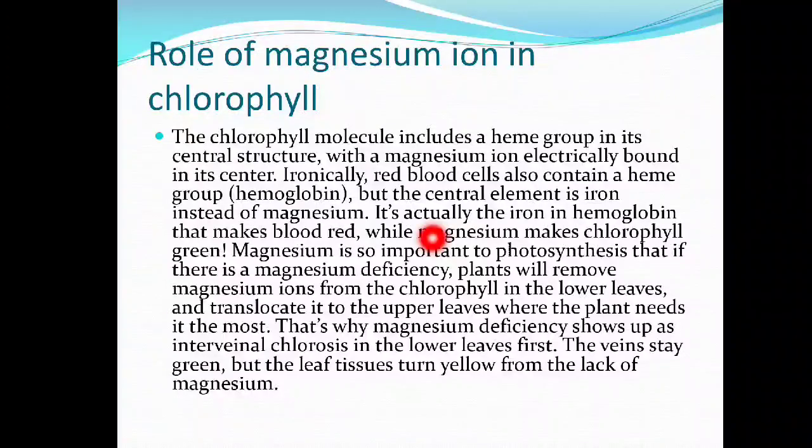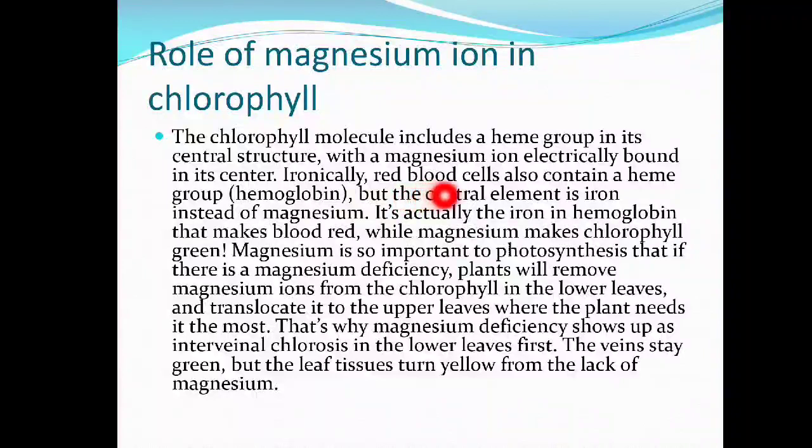Next, how this magnesium has a role in the chlorophyll. Remember, the chlorophyll molecule includes a heme-like group in its central structure with a magnesium ion electrically bound in its center.